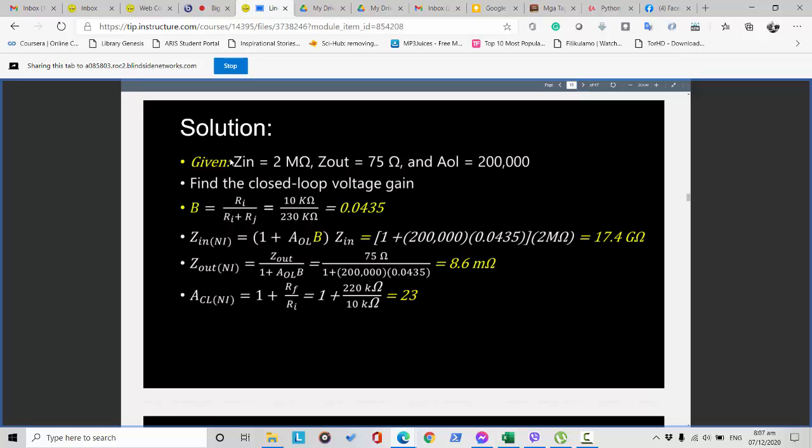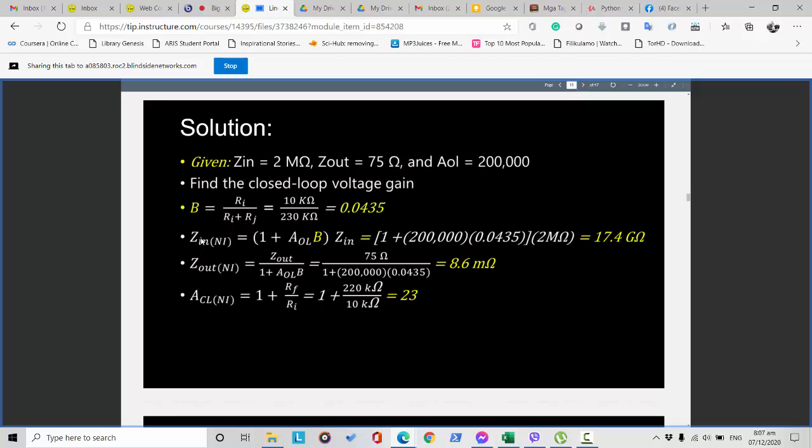So we have the givens. You can see here the presentation is well presented. The givens are here: an input impedance of 2 mega ohms, output impedance of 75 ohms, and an open loop gain of 200,000. First we need to find the closed loop voltage gain. The first thing that we need to compute is B, because we will be needing the formula of B in our input impedance.